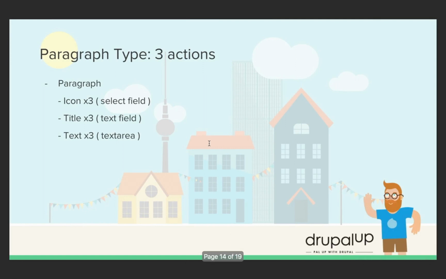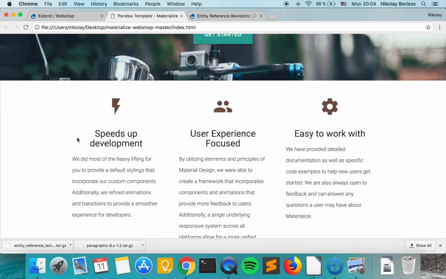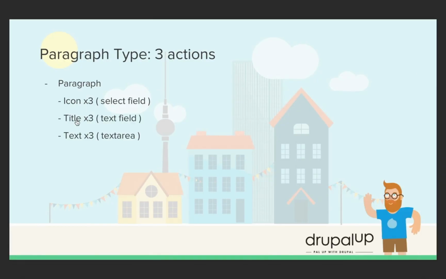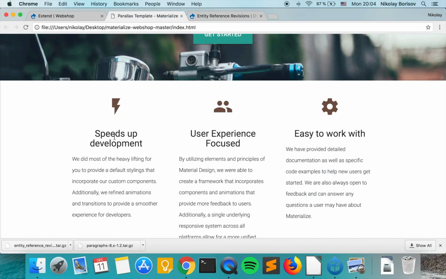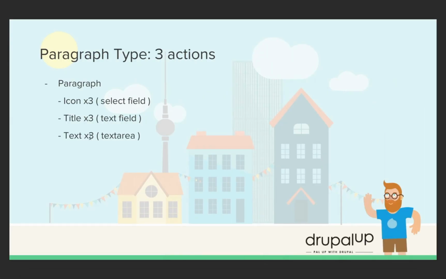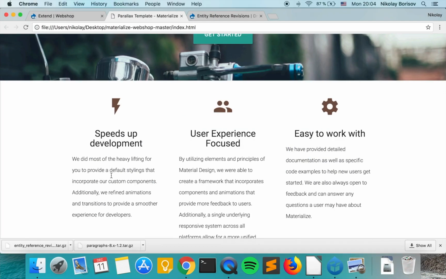Next, we would have a paragraph type 3 actions, which would have a icon field, a select field with a bunch of icons. We would have title, which would be this one here, and we would have text area.